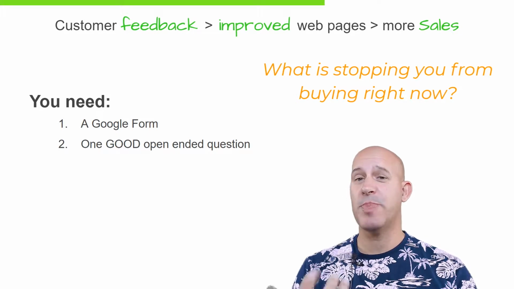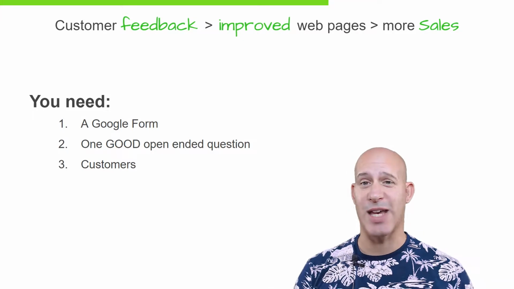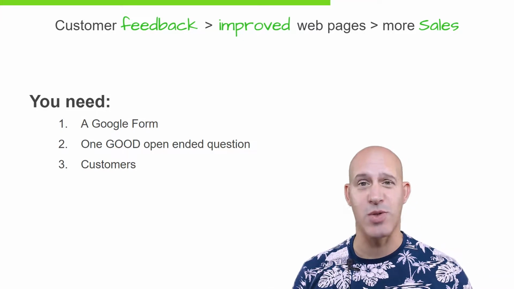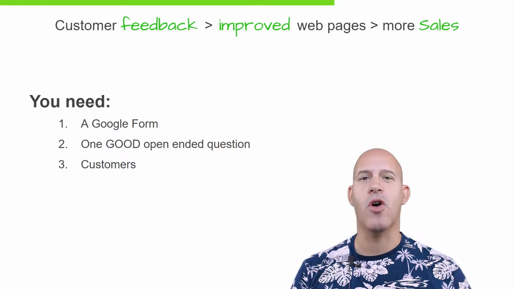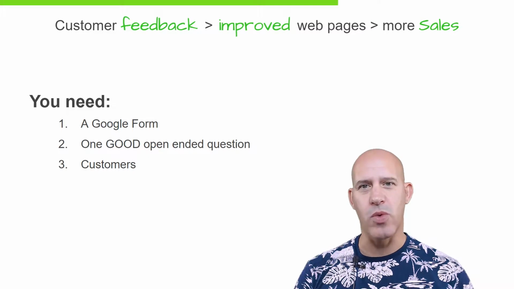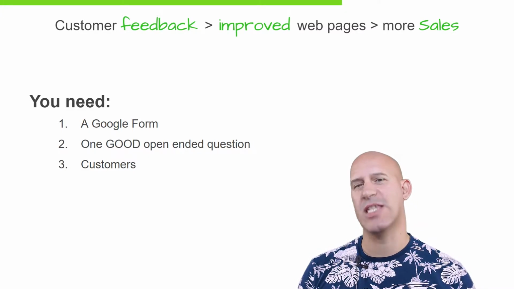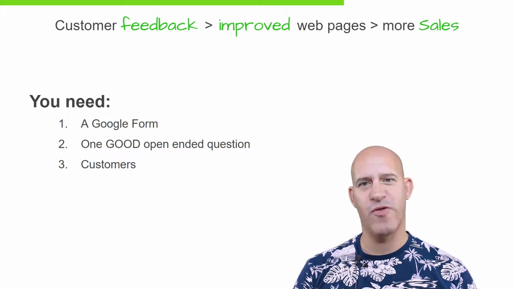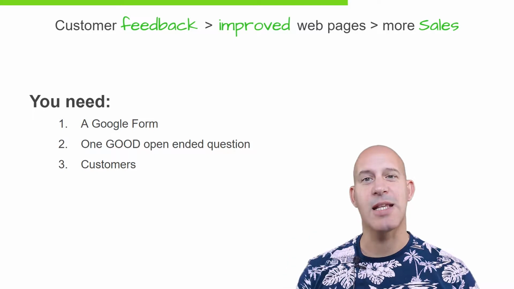Now, speaking of which, the third thing you need is customers, because if you don't have the customers, there is nobody you can ask. Now, I'm talking of customers here, I'm not talking of visitors, because you should always do what your customers want, not what your visitors suggest. You see, your visitors, they didn't put their hand in the wallet.